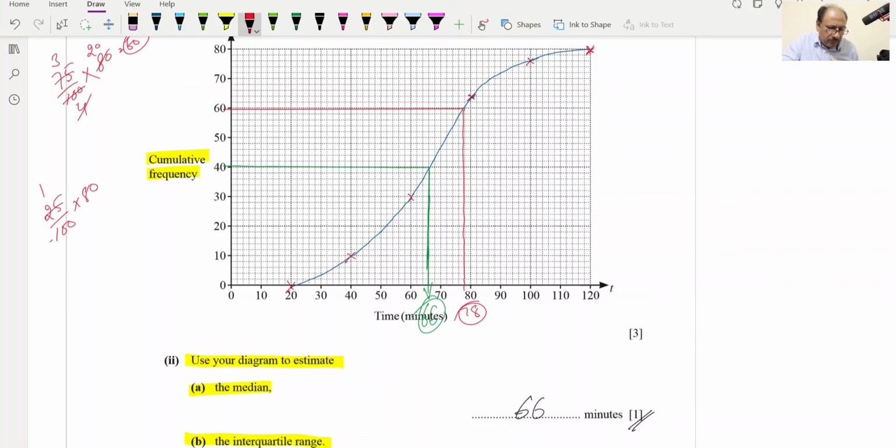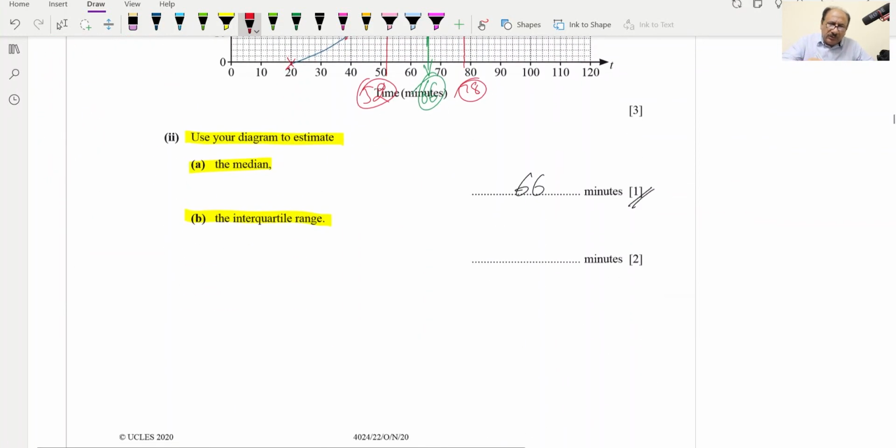The lower quartile will be the 25th percentile of 80, and this will be 1 over 4 of 80, which is 20. So from 20 we will be checking the reference, and 20 will be this one, which is 52. So we can check from here, this is 52, and 78 minus 52 we can write over here.